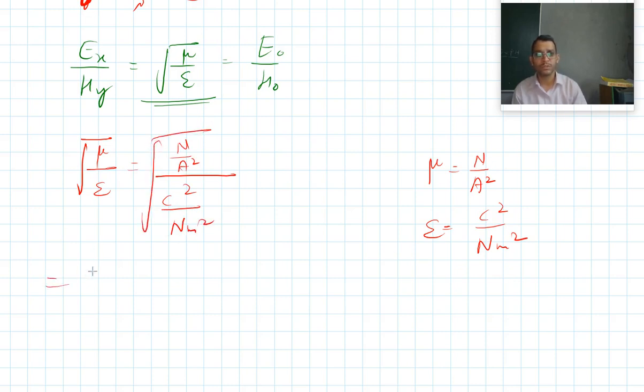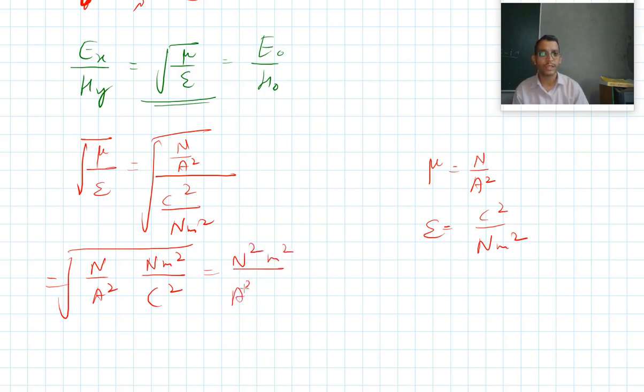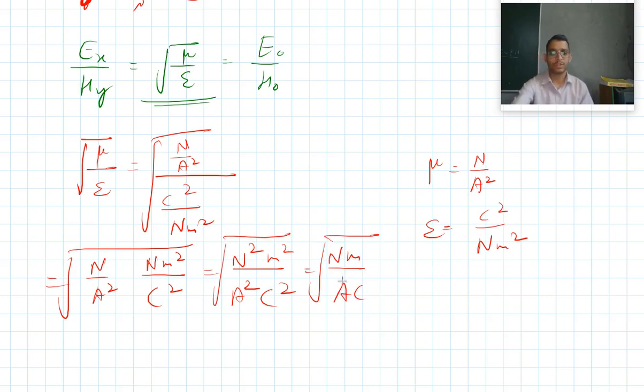So the unit of this is root of N over A square into Newton meter square over Coulomb square, which becomes root of Newton square meter square over A square C square, that is Newton meter over ampere Coulomb, no root will be there.